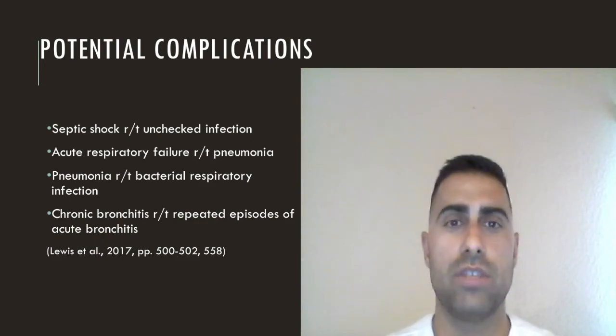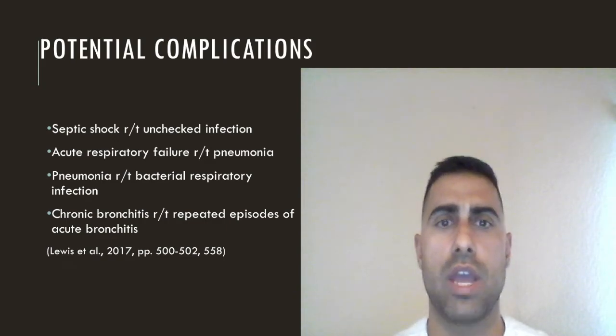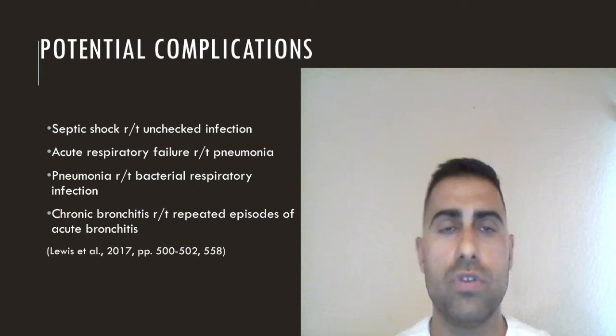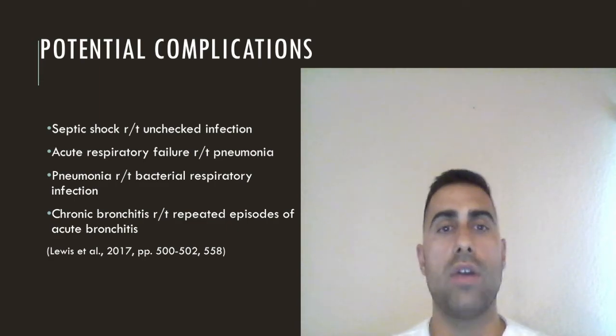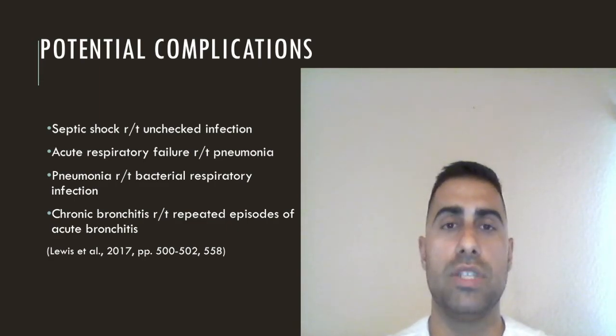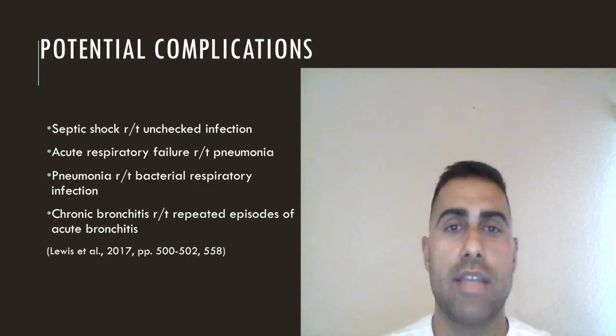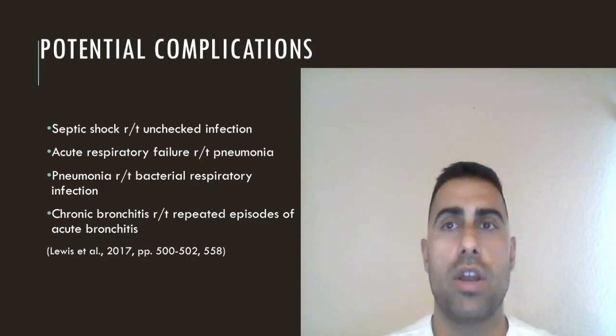Identification of this is usually through a chest x-ray, where we can see pulmonary edema and pleural effusions. We're going to do a focused respiratory assessment looking for pulmonary consolidation, crackles. The patient will present with tachypnea, tachycardia. They'll have a fever.